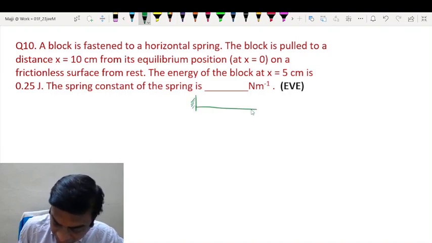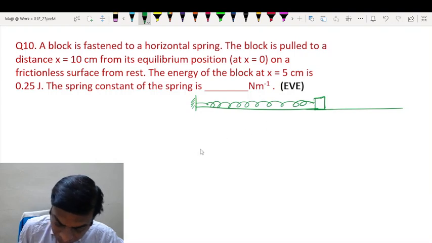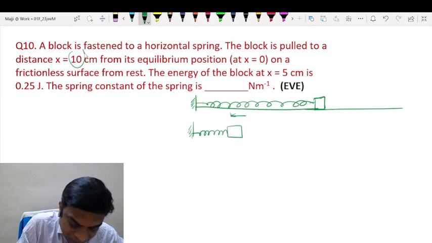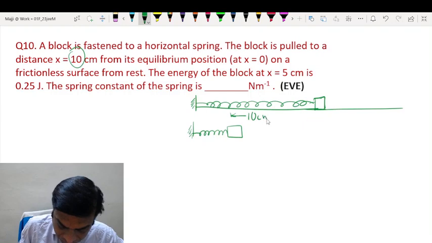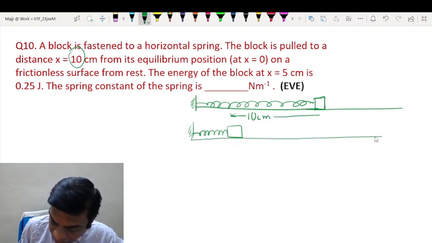So it is like this. Suppose this is the situation in which the block is at rest here. Okay. Now it is pulled by a distance 10 cm from the equilibrium position.